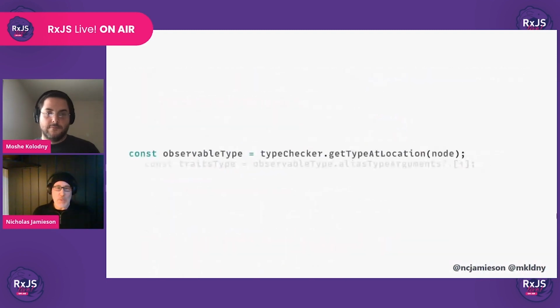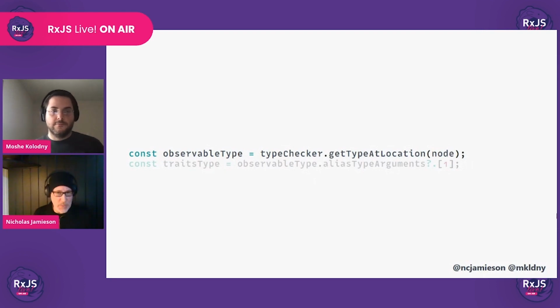Now, those traits are obtained by first getting the type from the node. So we pass our TypeScript node to the type checker and say, please give me the type at this location. Now, think of this type as a type descriptor. It's an object that has all sorts of information about the type that's associated with that node. So it'll have a name.